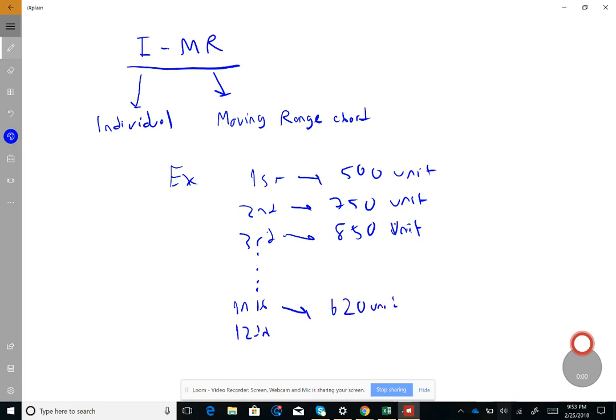And the 12th is 950. Let's assume that we're selling cell phones and we sold 500 cell phones in the first month, 750 in the second month, and so on. It's difficult to group those measurements into rational subgroups. So the IMR chart is a perfect chart to use in a case like this.